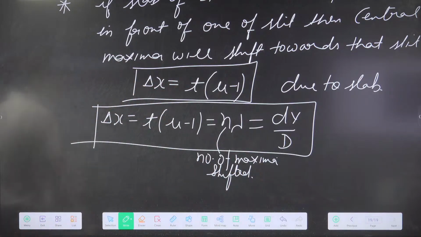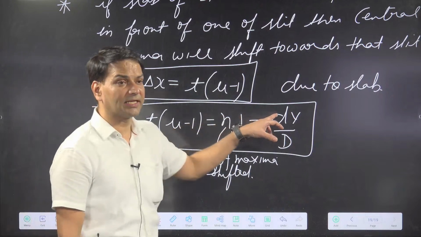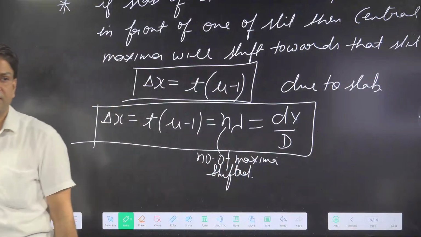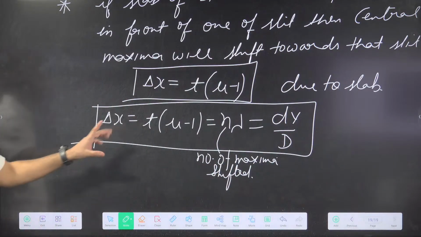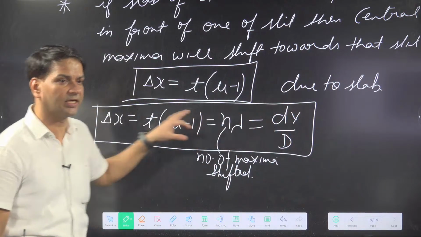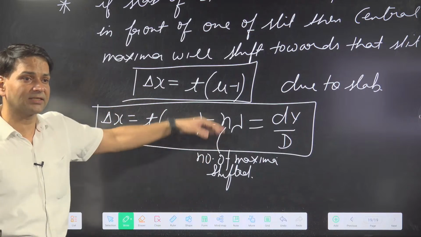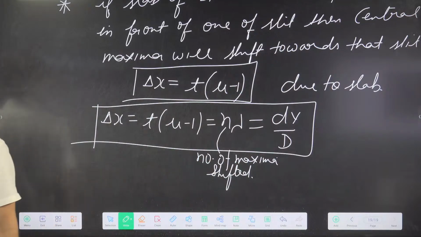And if they are asking the distance the central maxima got shifted, then we equate dy by capital D with T into (mu minus 1).